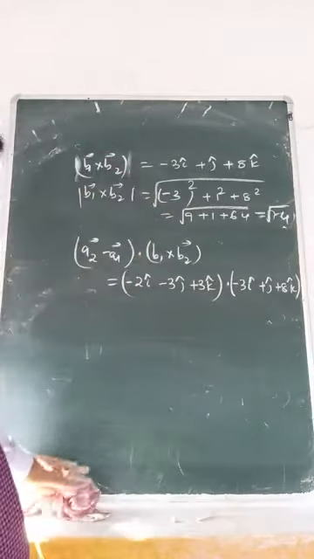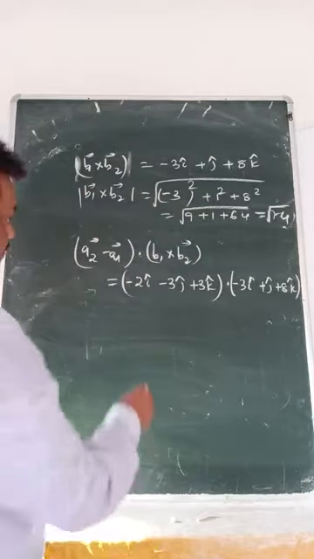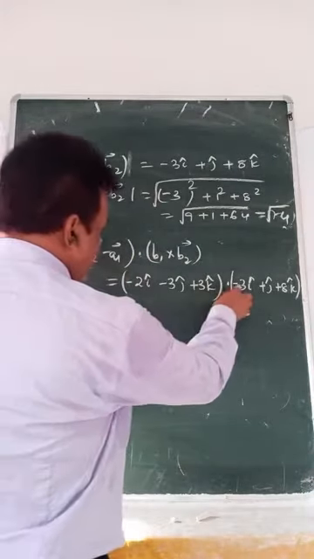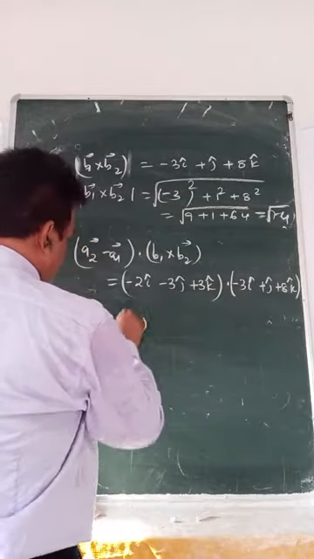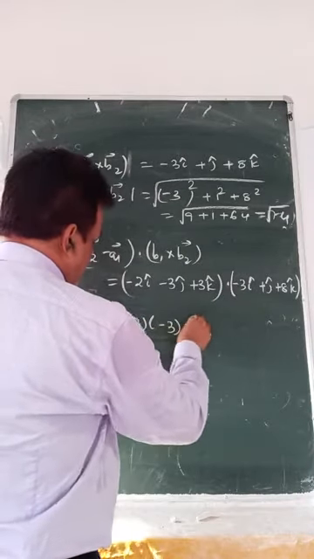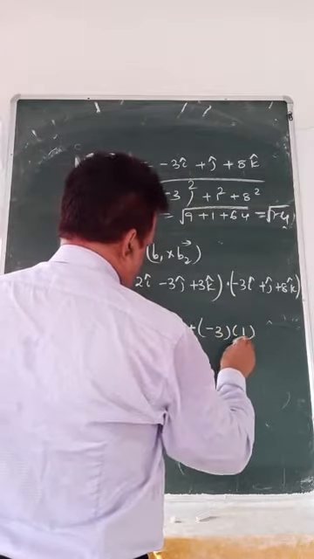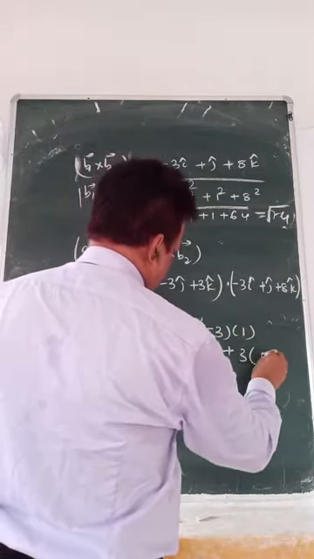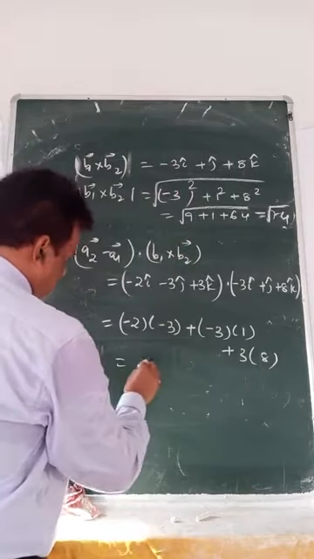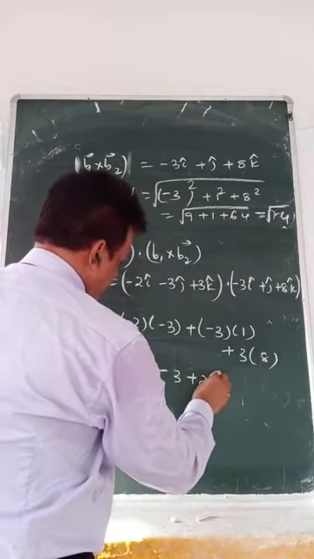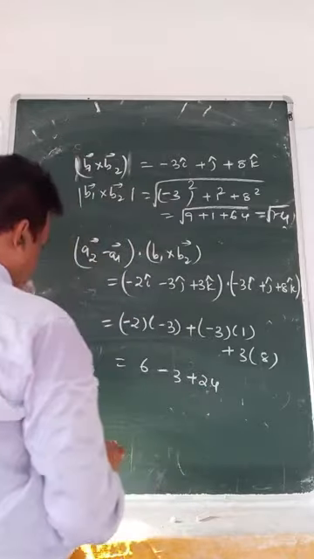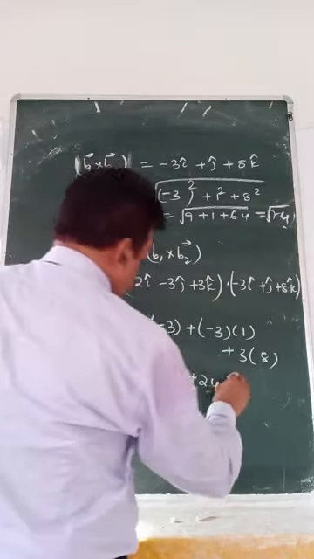So what do you get? (-2)(-3) + (-3)(1) + (3)(8): 6 - 3 + 24. How much did you get? 27.